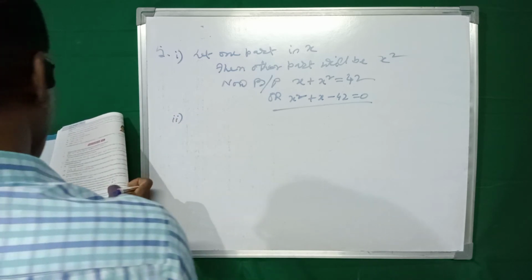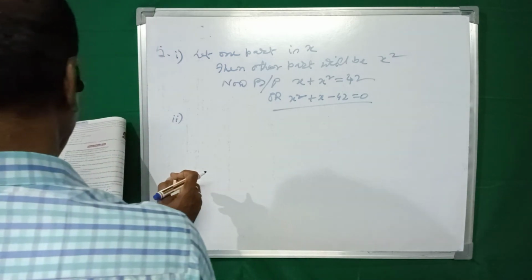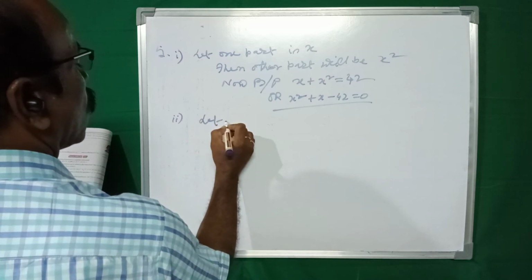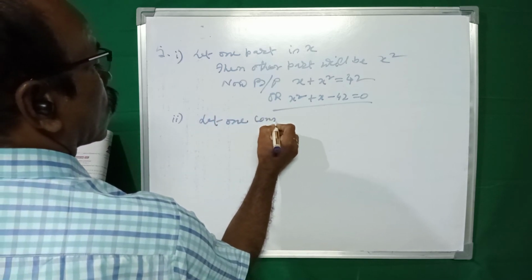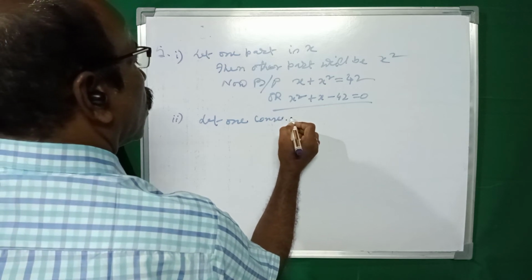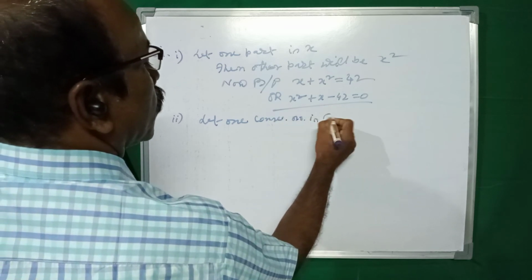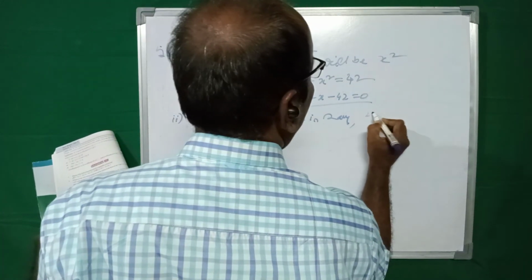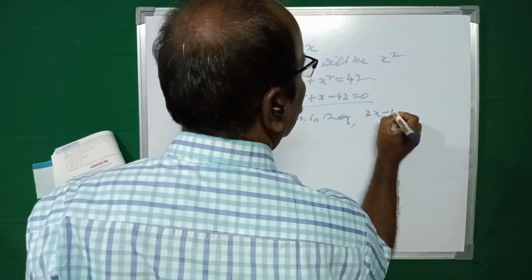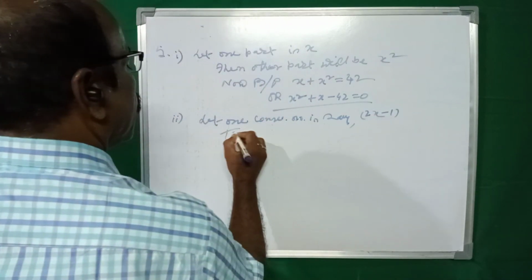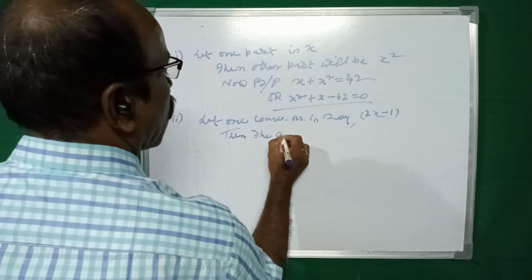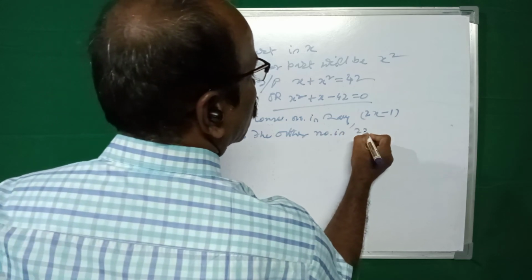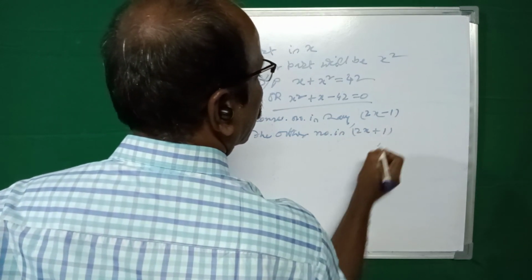The product of two consecutive positive odd numbers is 143. Let one number be 2x minus 1. Then the other number is 2x plus 1.